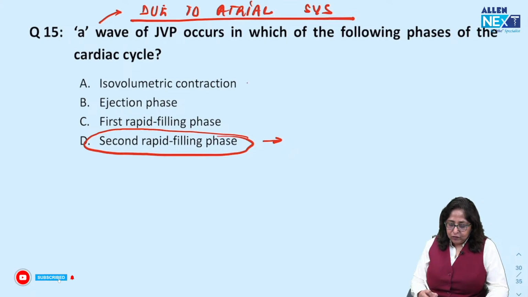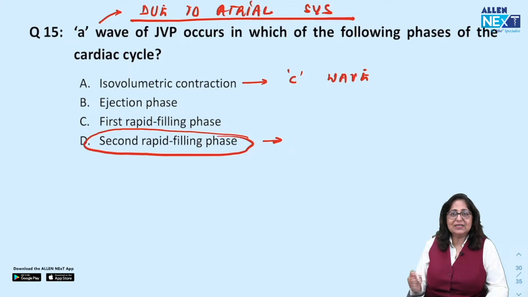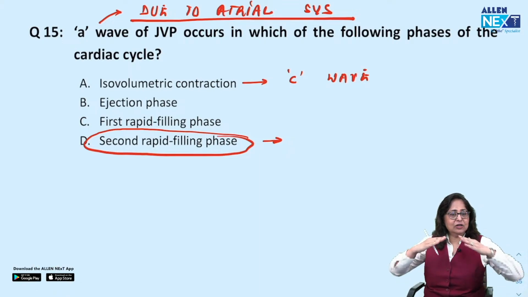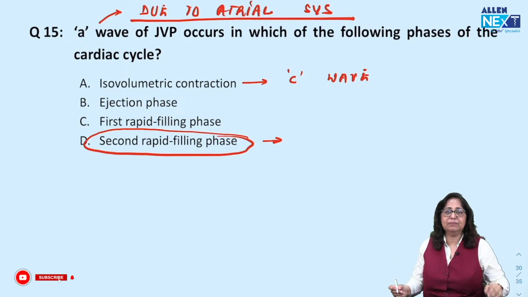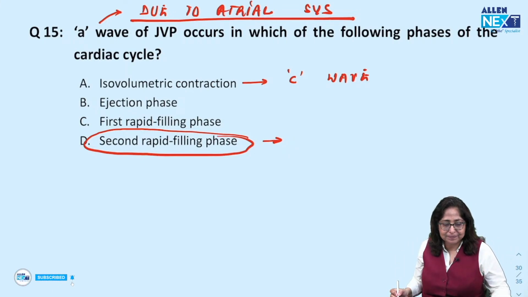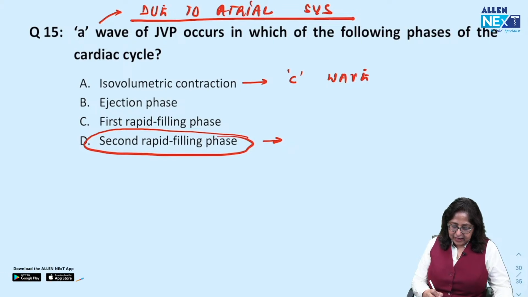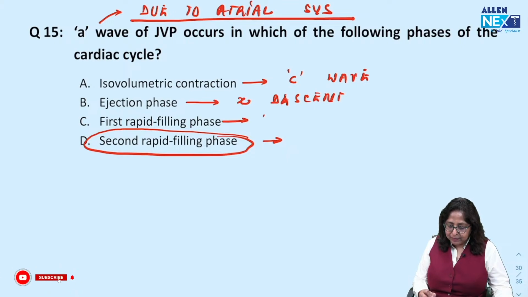In the isovolumetric contraction phase, you get the C wave of JVP. What is C wave? This is the bulging of closed tricuspid valve into the right atrium during isovolumetric contraction. In the ejection phase, you get the X descent. In the first rapid filling phase, you get the Y descent.